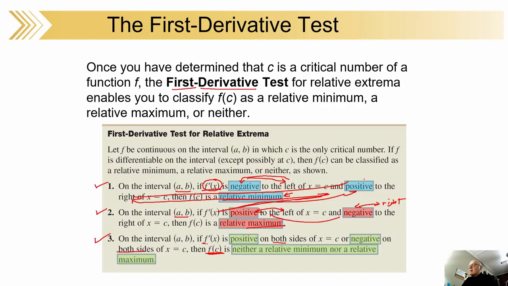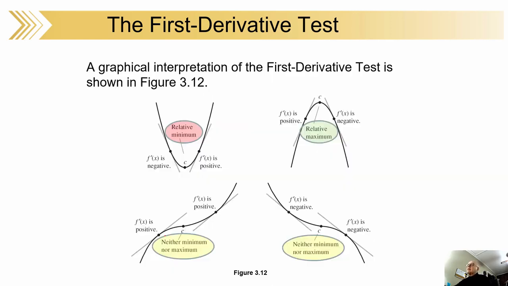If the derivative is positive on both sides or negative on both sides, then you do not have a minimum. It's not a minimum, and it's not a maximum. So even though this is sort of a negative comment, it's still important in its own right. So take note of that.